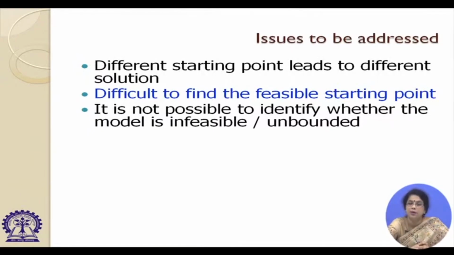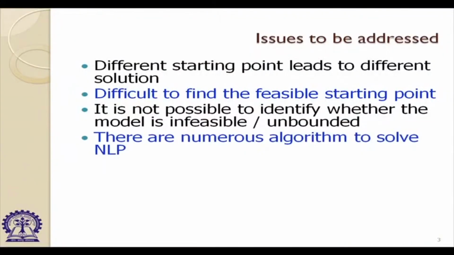But for the nonlinear programming problem, it is very difficult to identify whether the problem has a feasible solution or not, or whether the feasible space is unbounded or not. That is very difficult to judge, because the feasible space is very complicated in nature. That is why, within so many restrictions and complications, we need to find the optimal solution. Not only optimality, we have to say whether it is a local optimal or a global optimal. That is why many things are to be considered together.